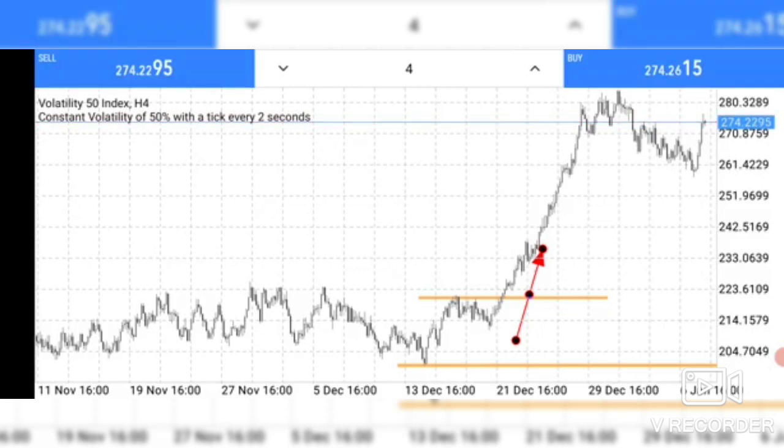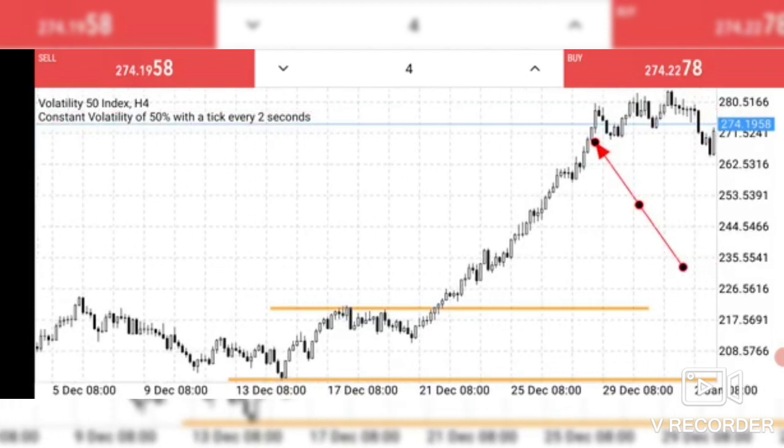That's what I mean: a path should be an impulsive path. It should be breaking level in the direction which the higher time frame predicts. So right now we say, okay, this is a path. Now we are looking for support, because a path that will give us a buy signal should be valid.